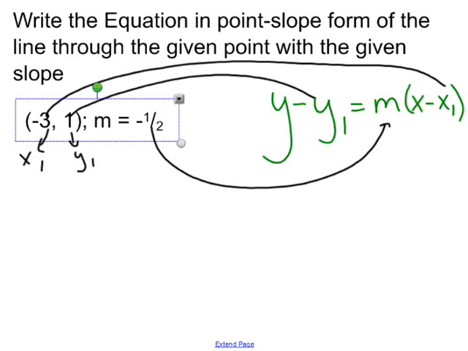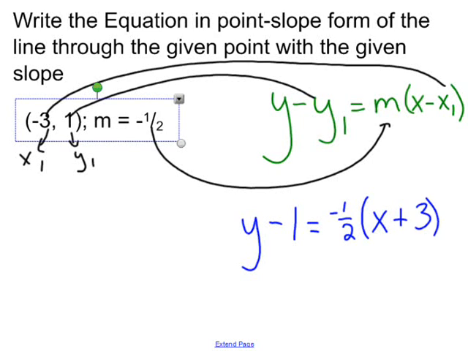Then I rewrite it: y minus y1, which in this case is 1, equals m, which now is -1/2, so I write -1/2, times x minus a negative, which turns that to plus 3. And that's all you have to do for that.